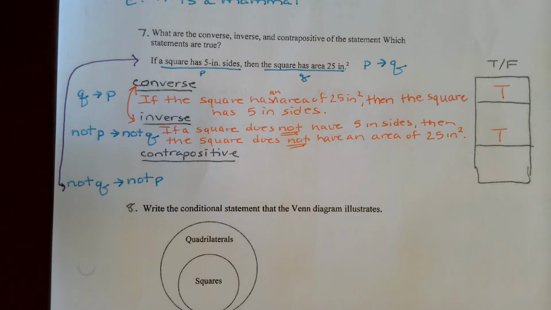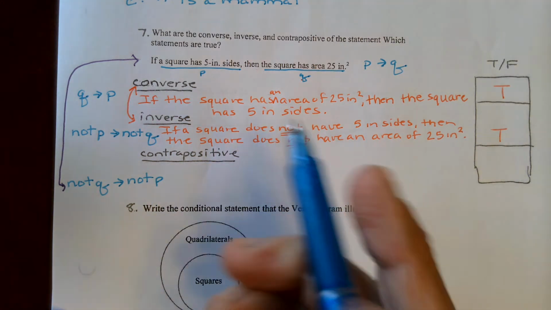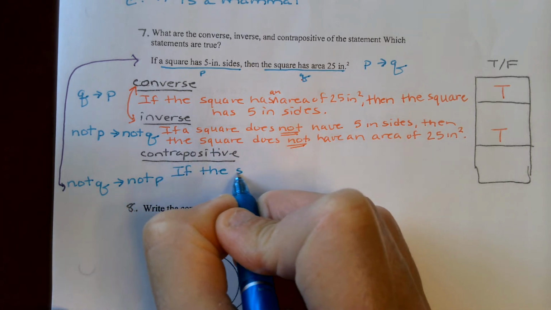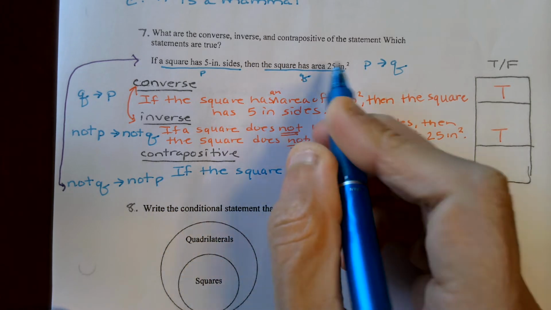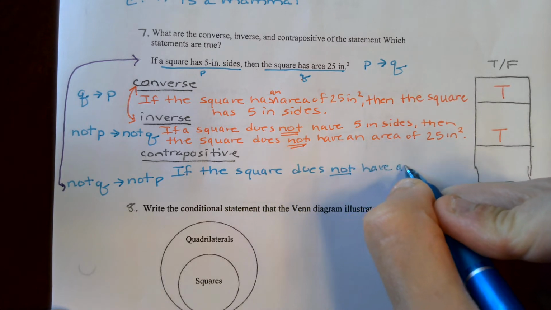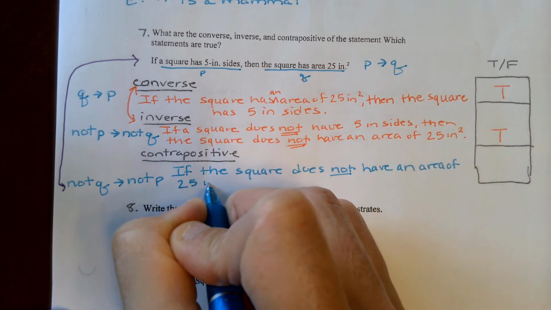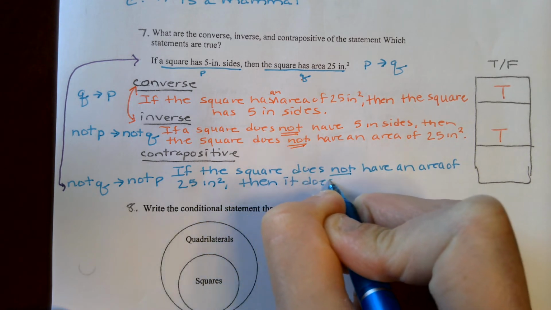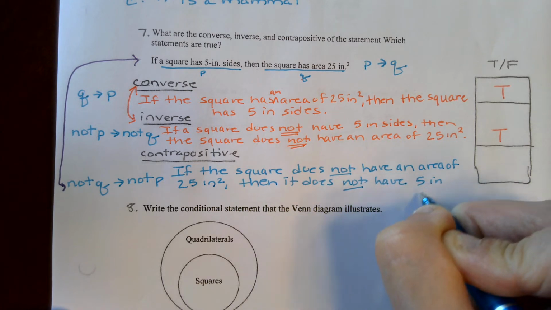All right, now let's do the not Q, not P. If the square does not have an area of 25 inches squared, then it does not have 5-inch sides.